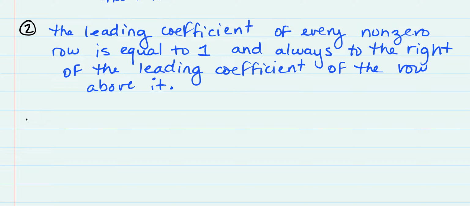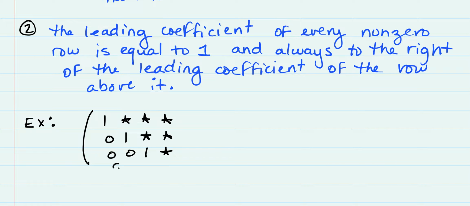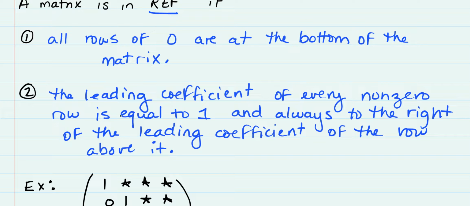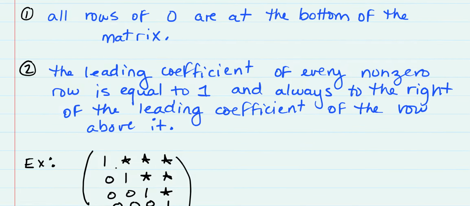So for example, let's say we have this 4x4 matrix where these stars just represent any number. This is in row echelon form. Let's see. We don't have any zero rows, so we don't have to worry about the first property here. The second property says that the leading coefficient, the first entry in a non-zero row, is equal to 1.